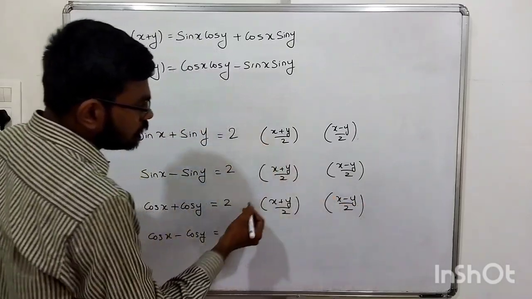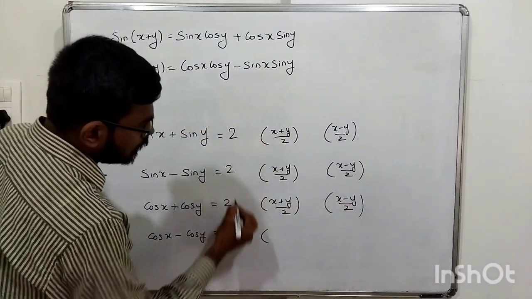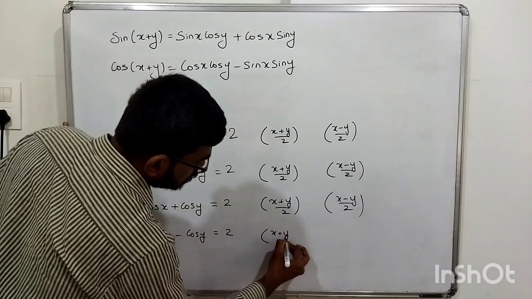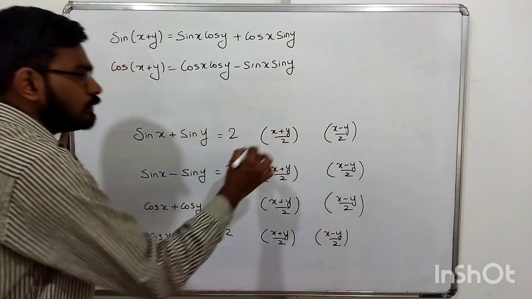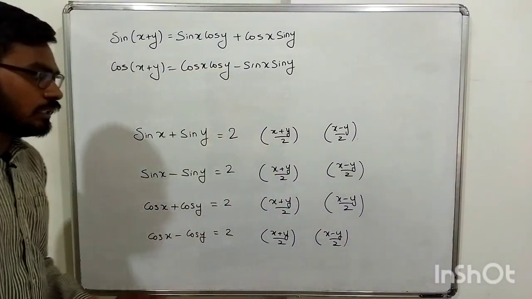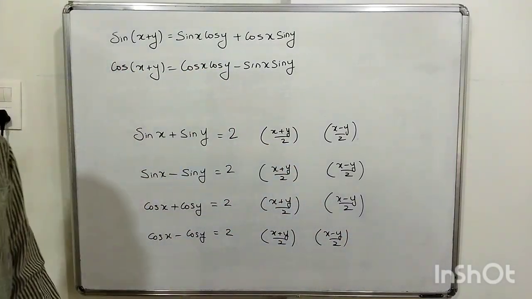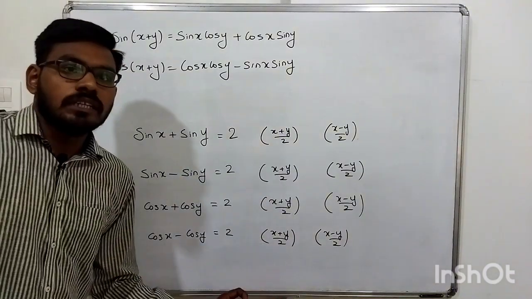These are the angles of the trigonometric ratios which we are going to write now. This will come in all those four formulas.